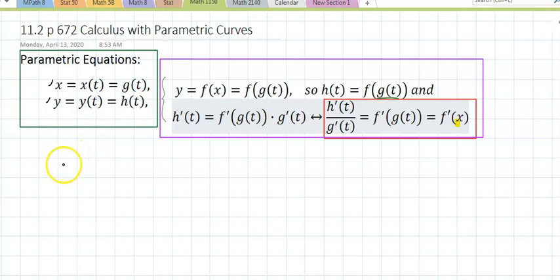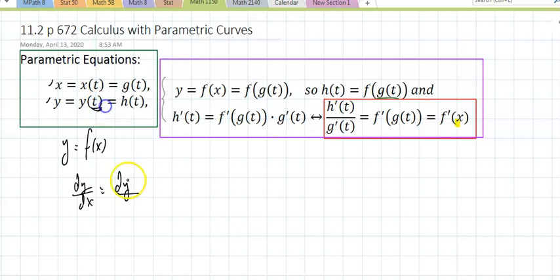Another way of doing this: y equal f of x. So if I take dy dx by the chain rule, I could say y depends on t and t depends on x. I could just make that connection.